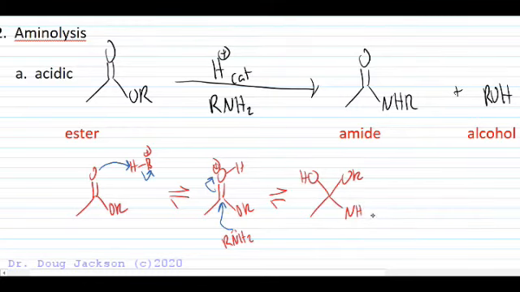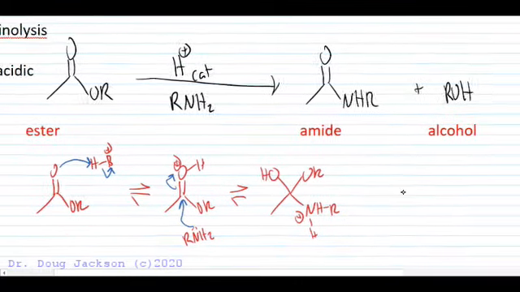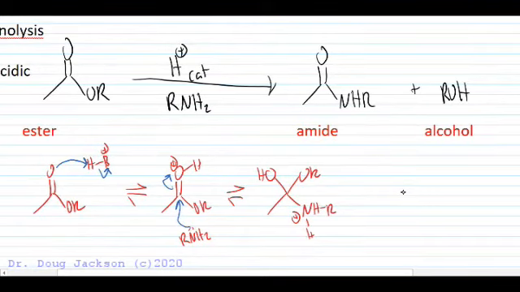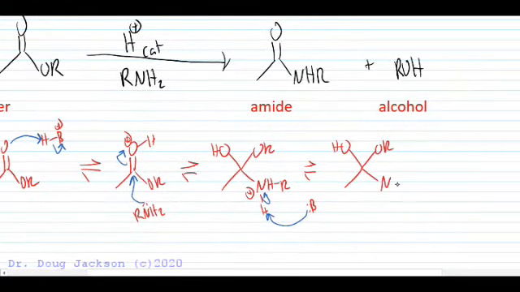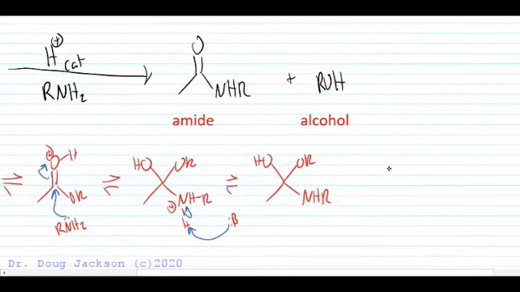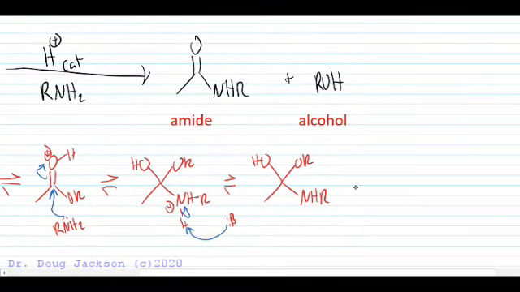Well, at this point, the best leaving group is our amine here. And so we want to deprotonate this to deactivate it as a leaving group. Won't happen to a great degree, but it'll happen enough. And now we've got our amine here on our tetrahedral intermediate.